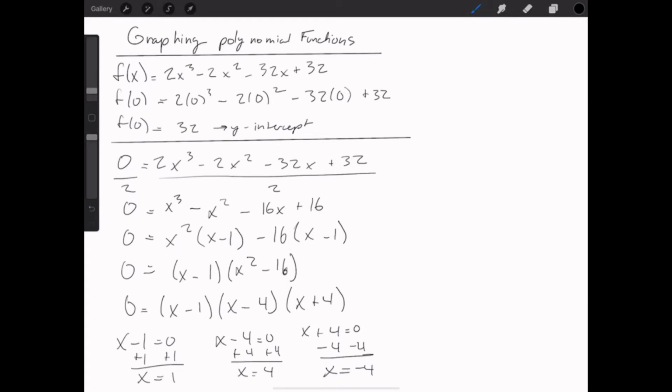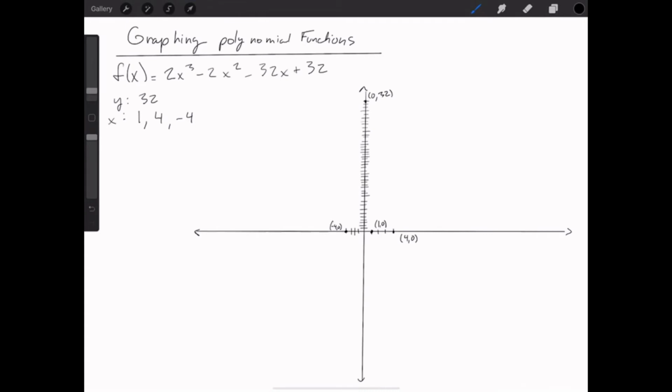So our x-intercepts are 1, 4, and negative 4. You can also notice that none of these parentheses here have multiplicities on them, so that means that the line of the equation will just go straight through them rather than bouncing off of them.